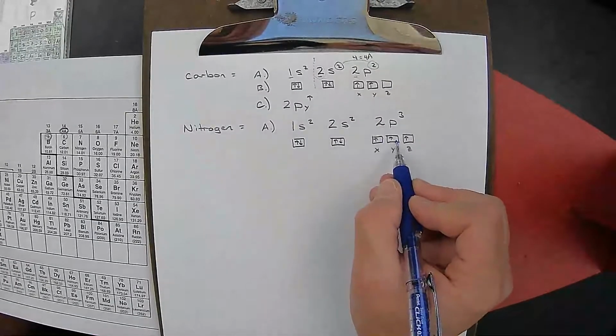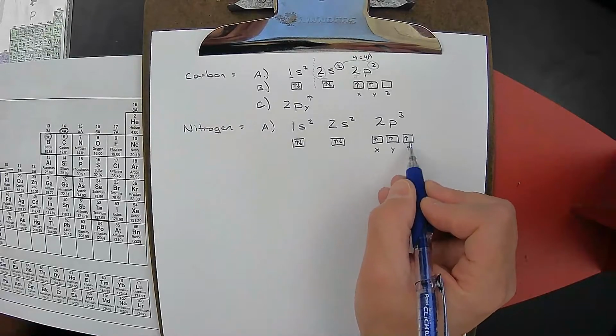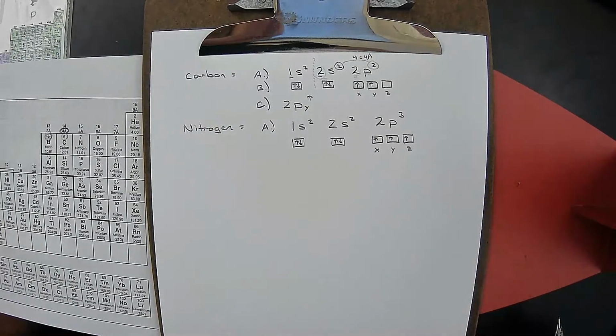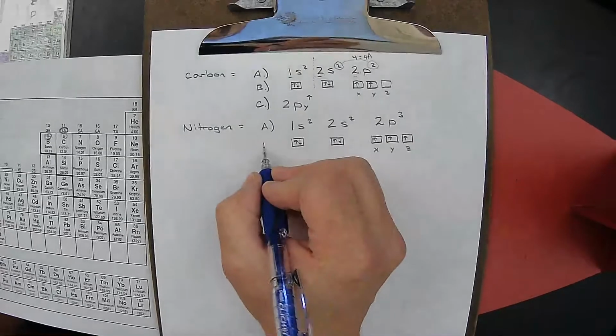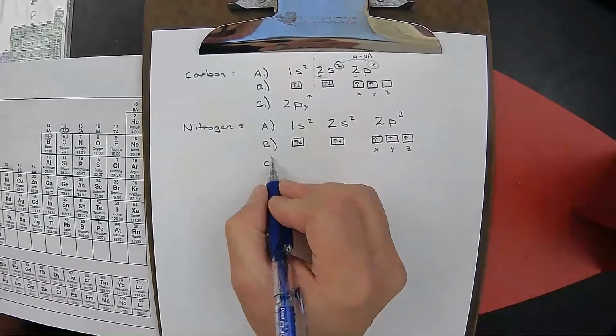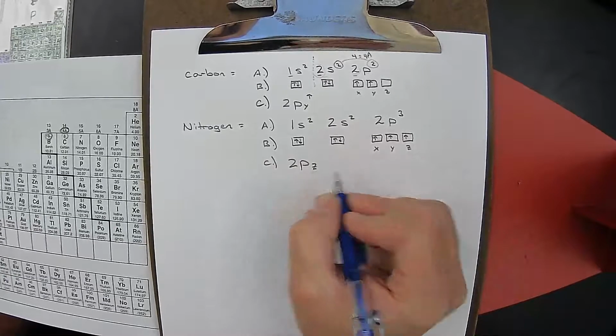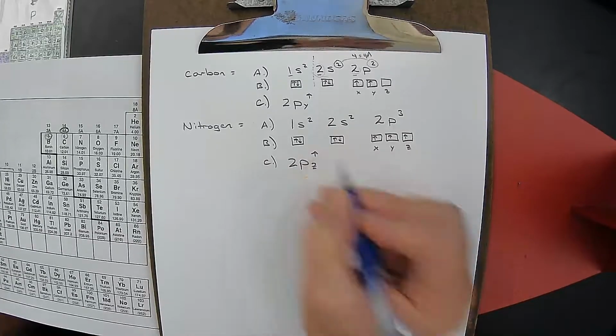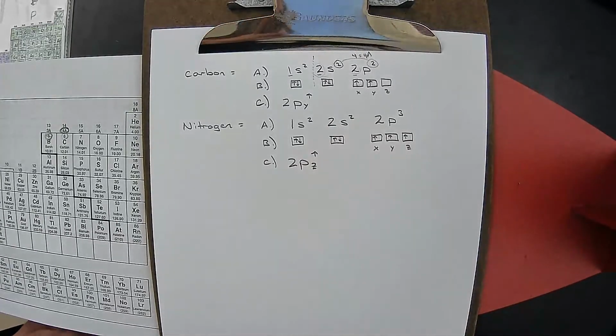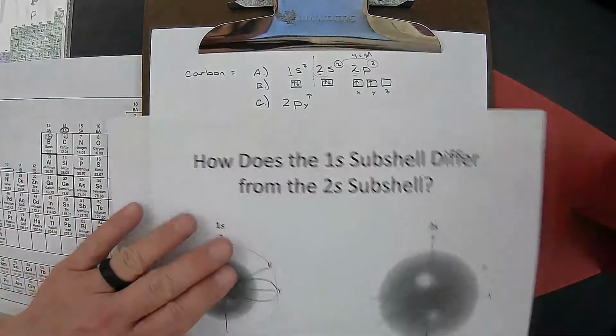So I don't put a down electron here, I put an up electron in the 2pz. So our final electron is the 2pz up spinning electron.